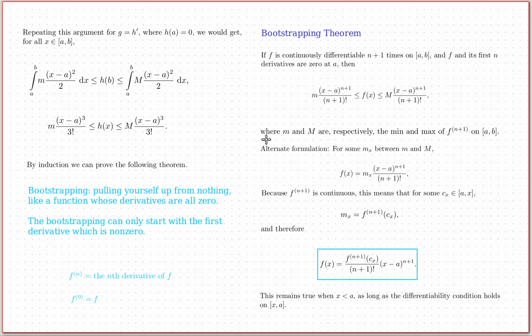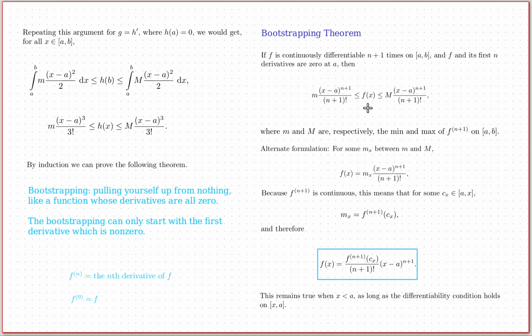Okay? So now, the bootstrapping theorem, so-called, says that if f is a continuously differentiable function, differentiable n plus 1 times on the interval from a to b, and f and its first n derivatives are 0 at a, that left endpoint, then we get this bound on the values of f of x for any x in the interval.